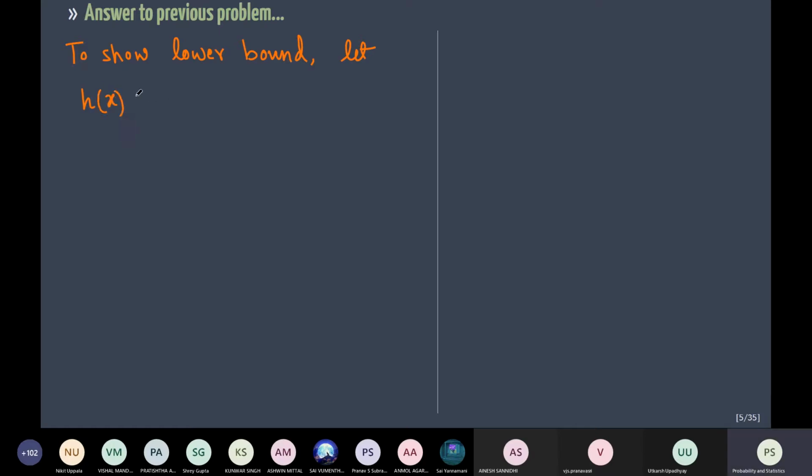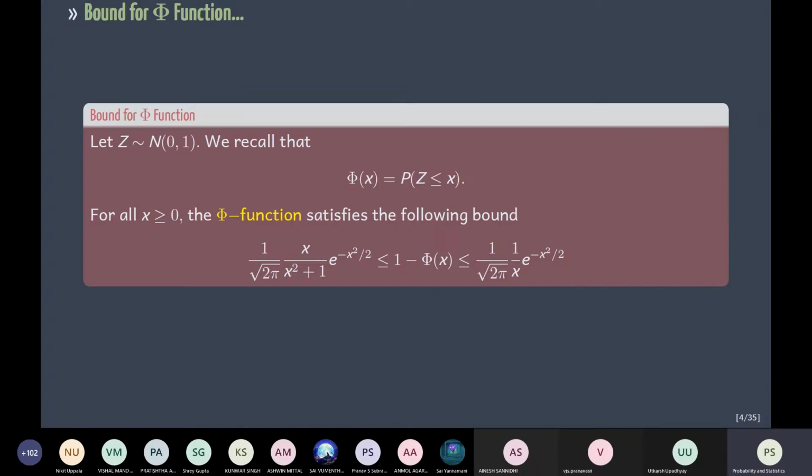So h(x) is defined as Q(x) minus 1 by square root of 2 pi, times x by x square plus 1, times e to the minus x square by 2. And this is for all x greater than or equal to 0. So what I have done here is I have done Q(x) minus this lower bound, right?